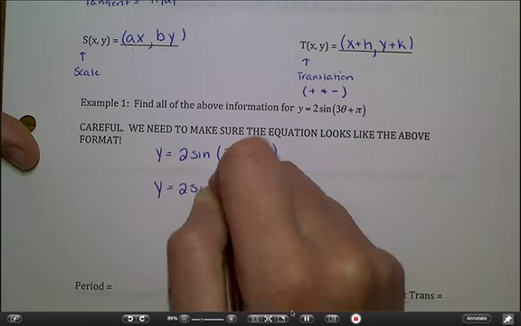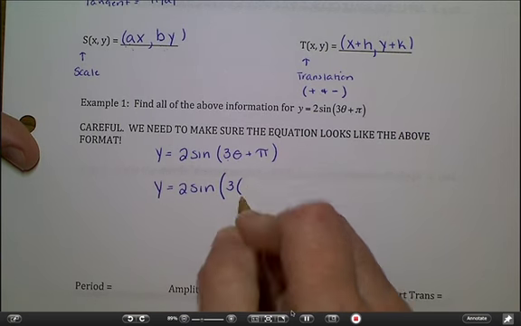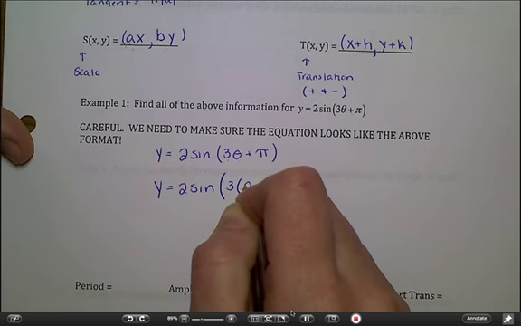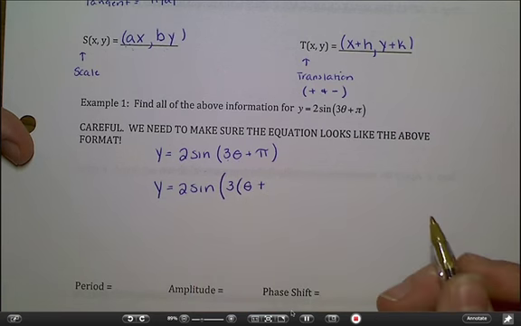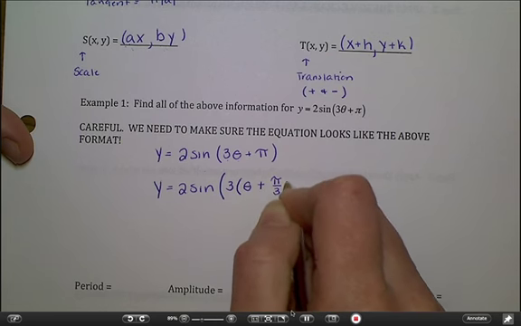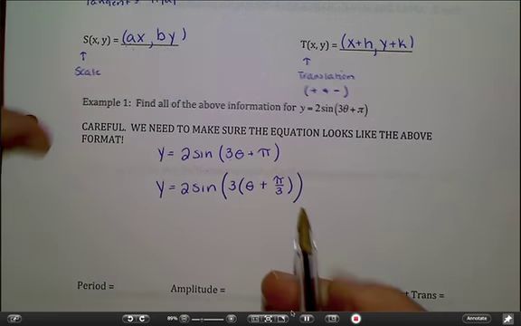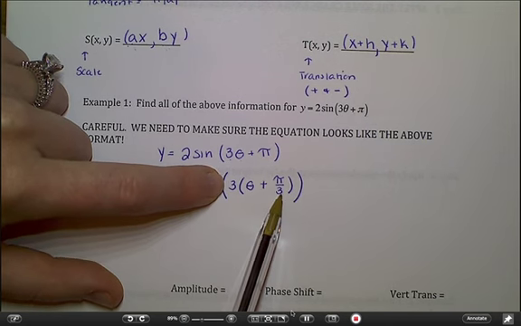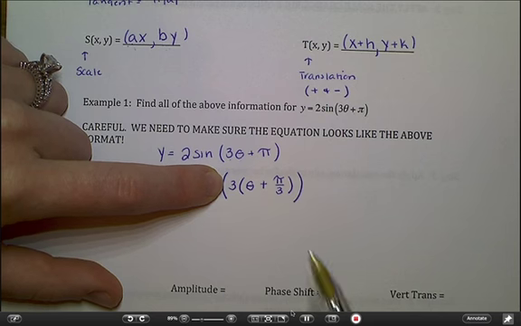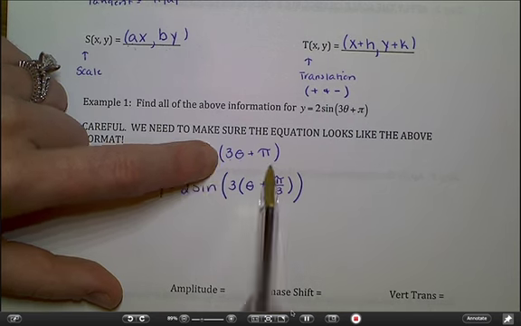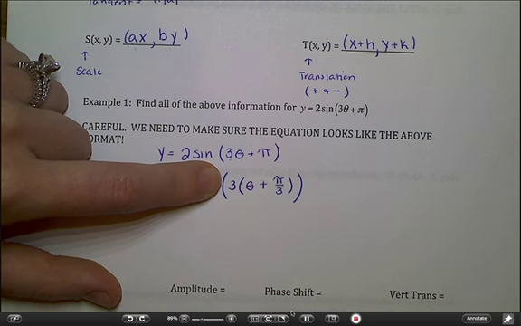So on the inside, I'm going to rewrite this first as 3 and then another set of parentheses, theta plus, and it won't be pi anymore. It'll be pi over 3, which is weird, I know. You're just taking a 3 out of pi, so that would leave you with pi over 3. If you're not sure if you're ever correct, just distribute, and you should get what you started with. If you redistribute the 3, you'll get that.